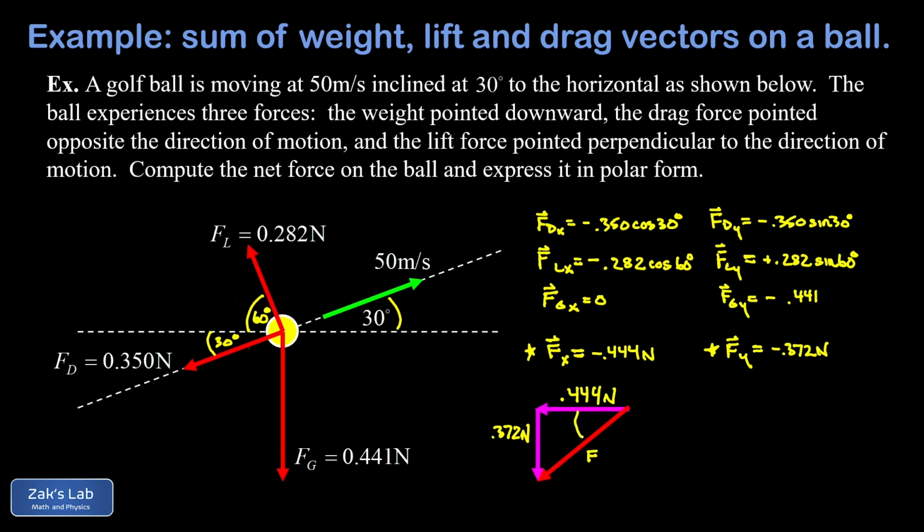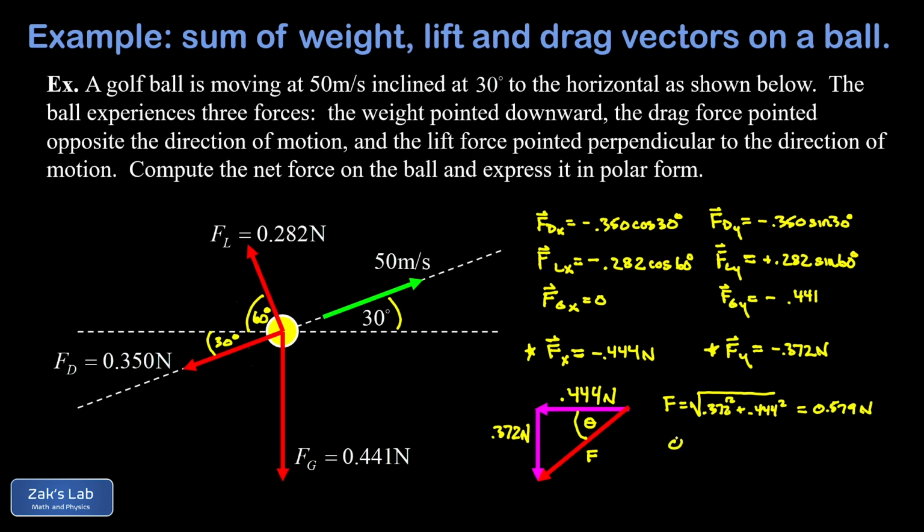So I'm going to put that unknown angle right here and call that theta. So to find F, of course, we use the Pythagorean theorem. And I have the square root of 0.372 squared plus 0.444 squared. And this gives us about 0.579 newtons for the magnitude of the net force.